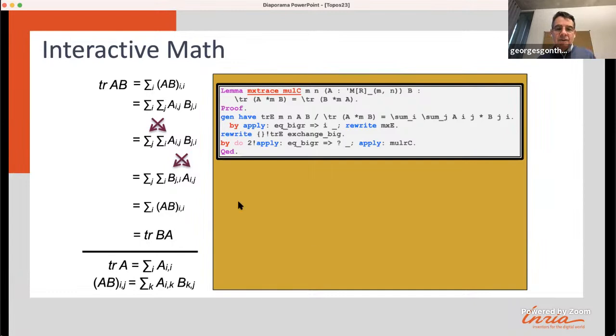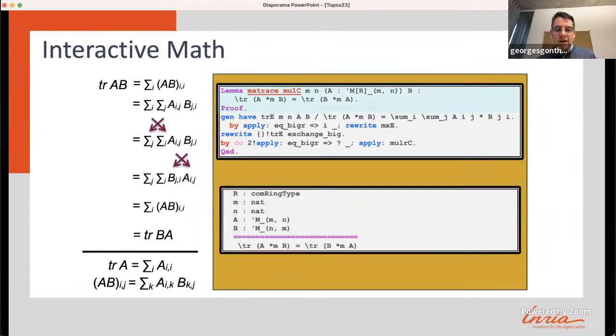The way you do the proof is the system will tell you, okay, you have all of this context where you have integers n and m, and then you have A that's an m by n matrix, and it's figured out on its own, since trace needs a square matrix, that B is an n by m matrix.